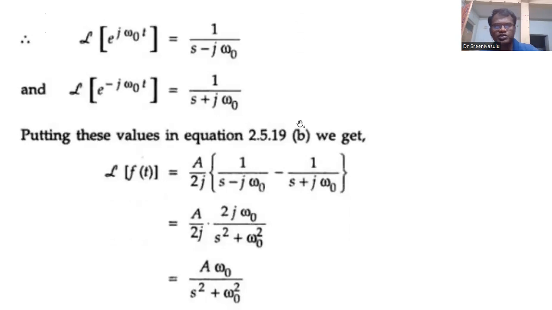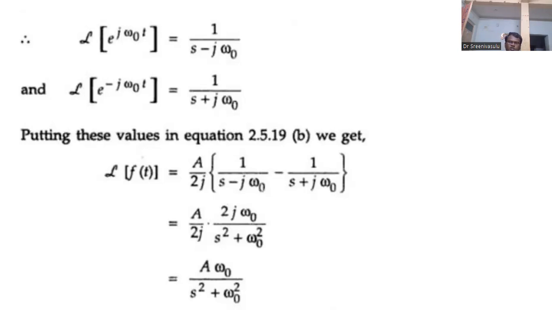Now, instead of a, we need to replace j omega naught. So, s minus j omega naught, s plus j omega naught. After this, we get a by 2j into 1 divided by s minus j omega naught minus 1 divided by s plus j omega naught. Take the LCM here: s plus j omega naught minus s minus j omega naught.